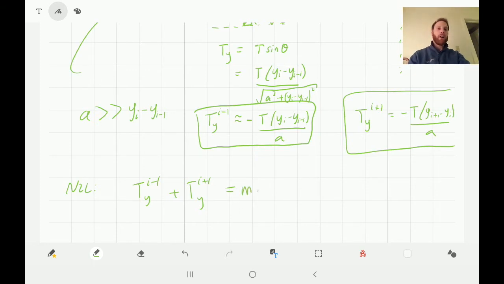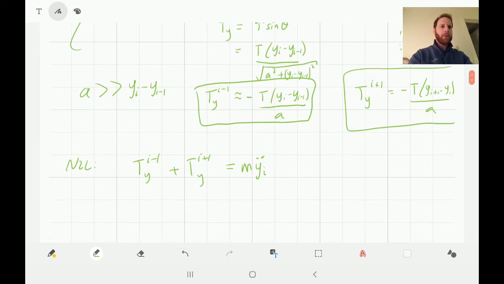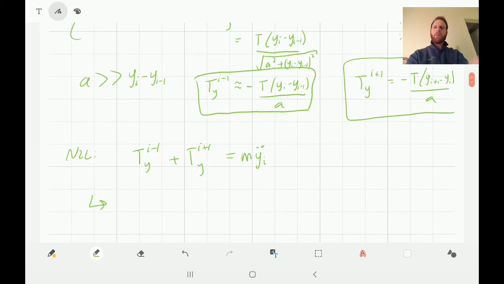In other words, m times yi double dot, the double time derivative, and that would be Newton's second law. If you start cleaning things up, you'll notice that you can factor out a total tension from the whole thing. The order doesn't quite matter.